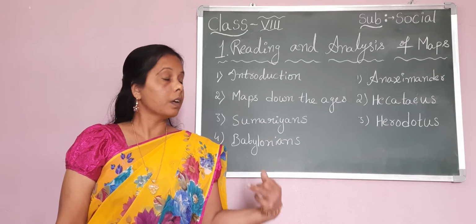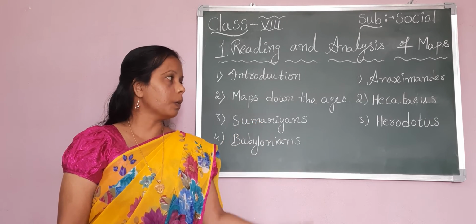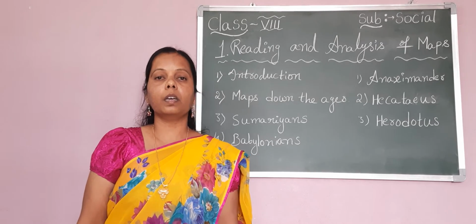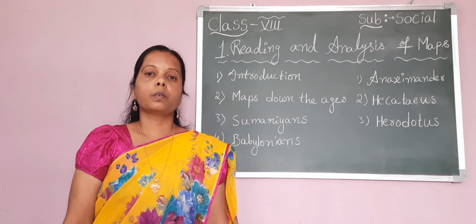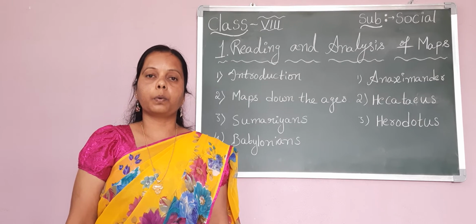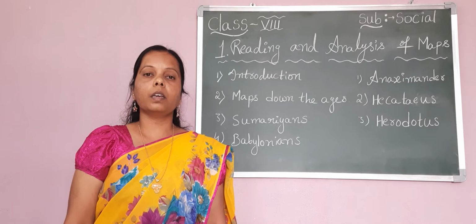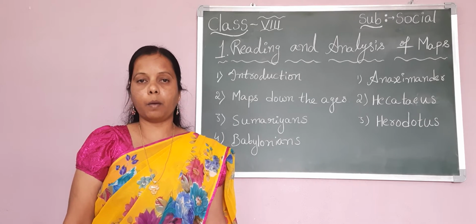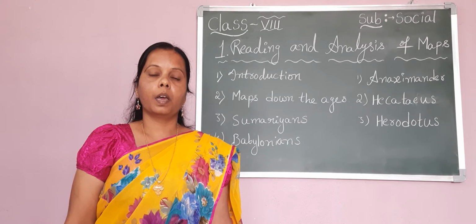In the introduction, we have to know about maps down the ages. The Sumerians, present in Iraq, around 4000 years ago prepared maps and imprinted them on clay tablets. Why did they prepare maps?